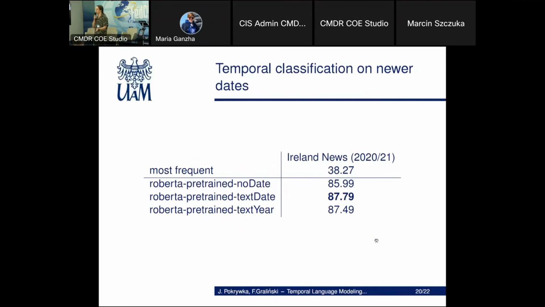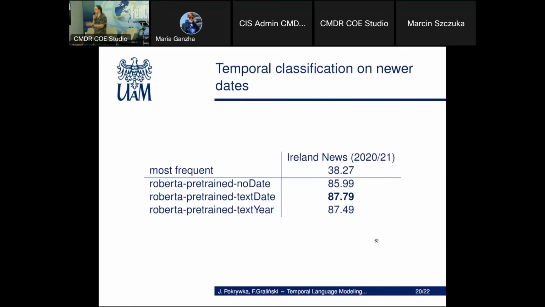The train and development data set is up to 2019, and we wanted to check how the model would perform on newer data, not included in the train and development data set. So we created another test data set, and we can see that this model incorporating date also performs better on the unseen year. So it's great information.